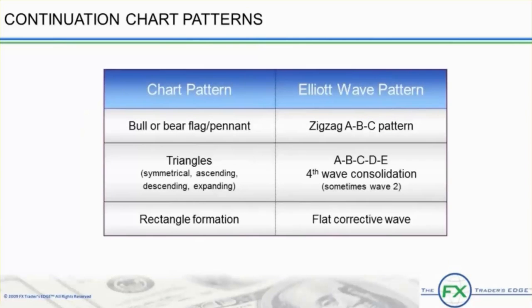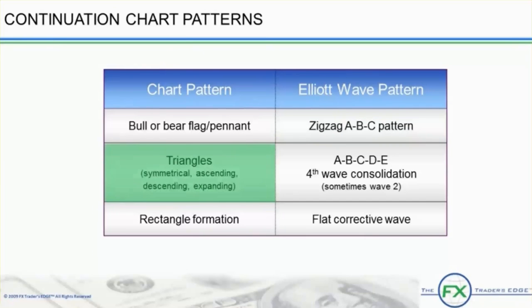The classic bull or bear flag or pennant looks exactly like a zigzag pattern, which is typical in wave 2 or 4 positions. The bull flag is a continuation pattern in a rising market. The bear flag is a continuation pattern in a falling market.